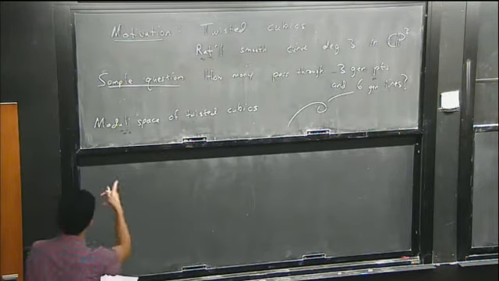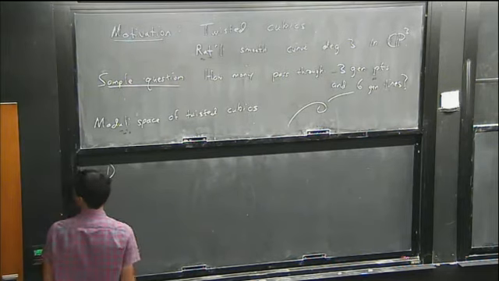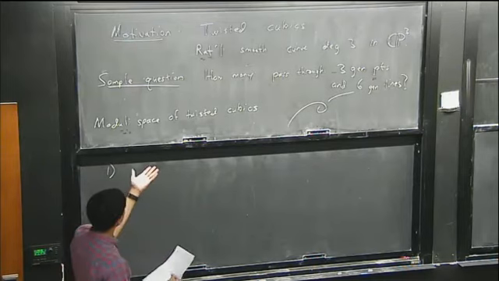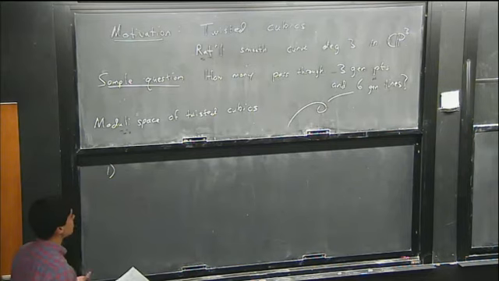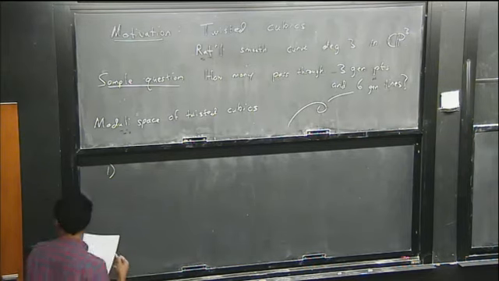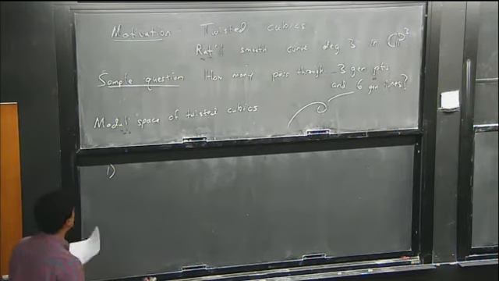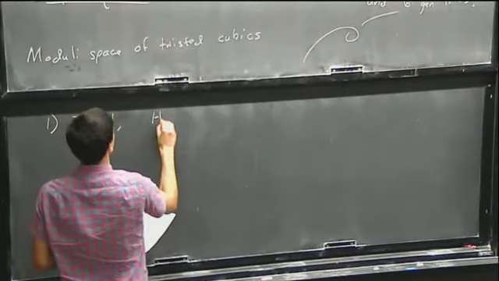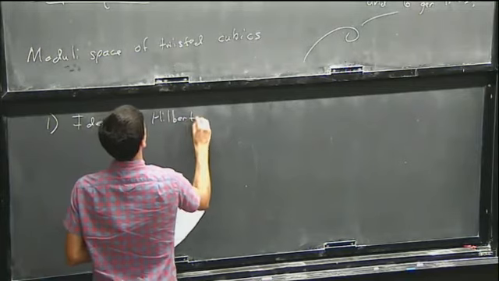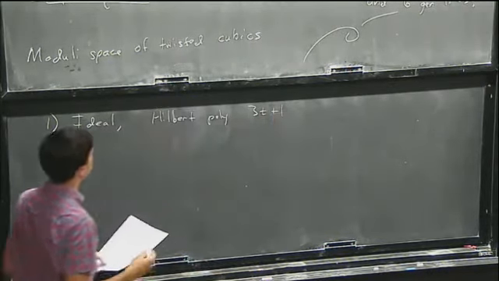Okay, so let's think about this moduli space in a couple of different ways. The first way is that a twisted cubic has an ideal cutting it out, and that ideal is generated by three quadratic polynomials. It has Hilbert polynomial that you can calculate, 3t plus 1.